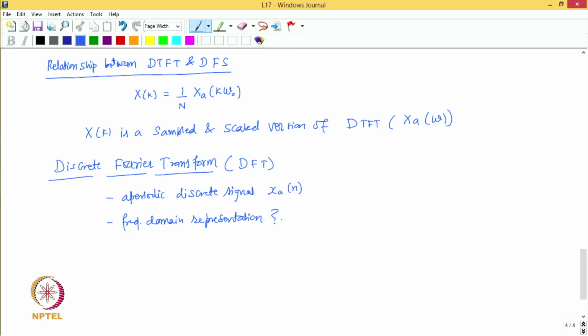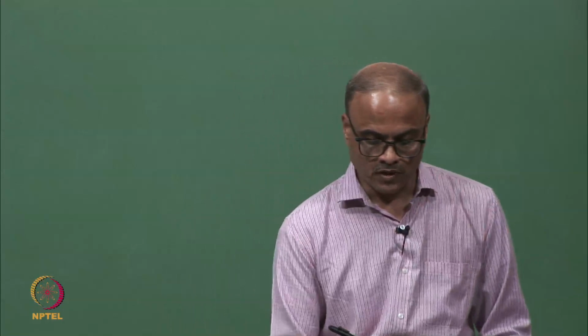We just discussed that this can be found by finding the DTFT of this signal. However, the DTFT we would get is a continuous spectrum, and for practical purposes we would like to work with a discrete spectrum. Therefore we are going to look at an alternative approach to find the frequency domain representation of x_a[n].